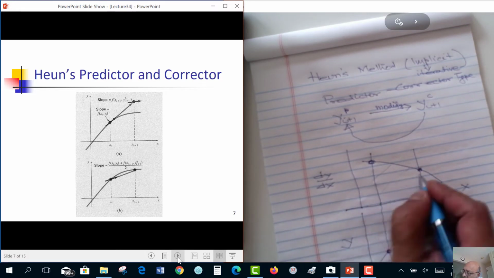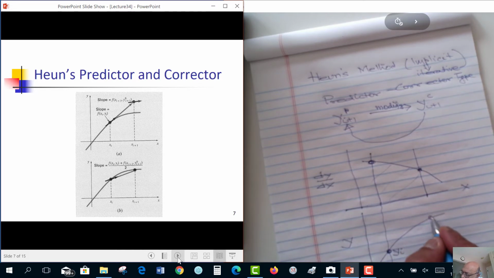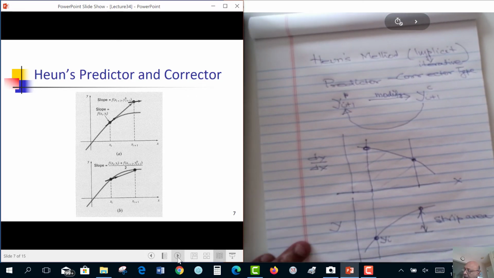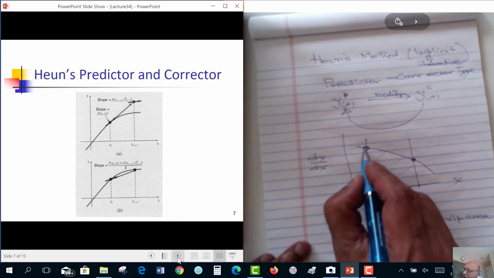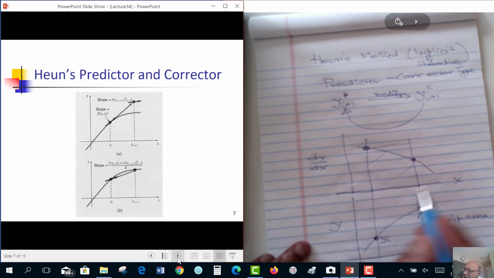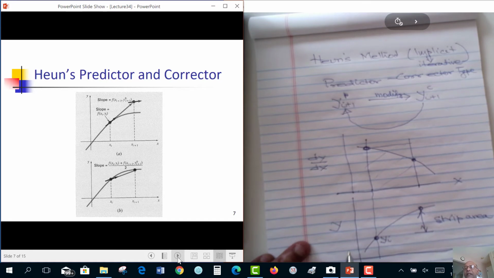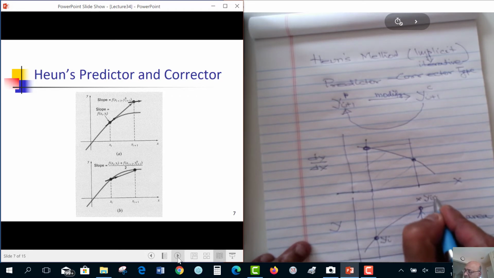And if we knew the strip area, that strip area would be this distance. What Euler's method did was a rectangular estimation. So obviously that is an overshoot. So that becomes our predicted value, y_i+1 predicted.